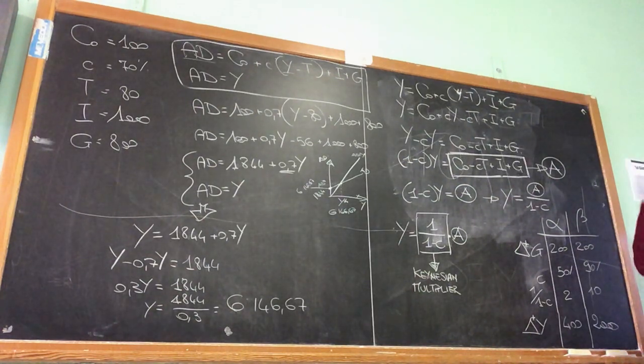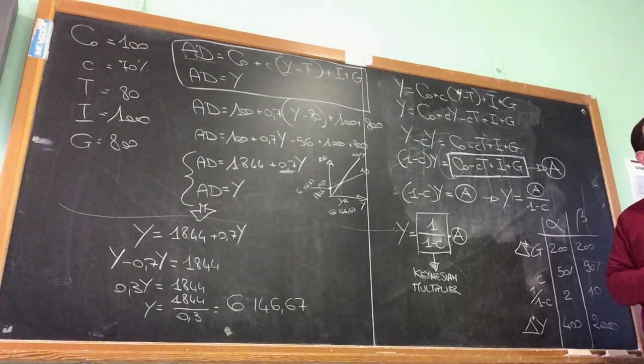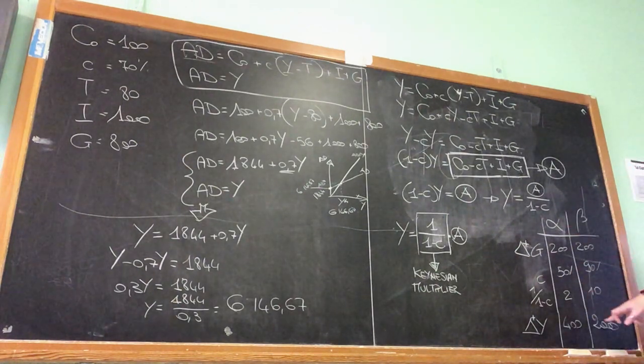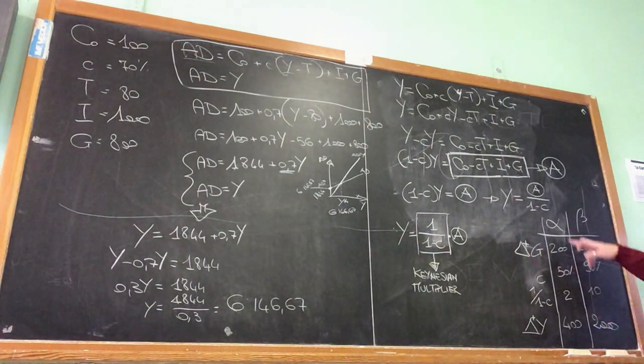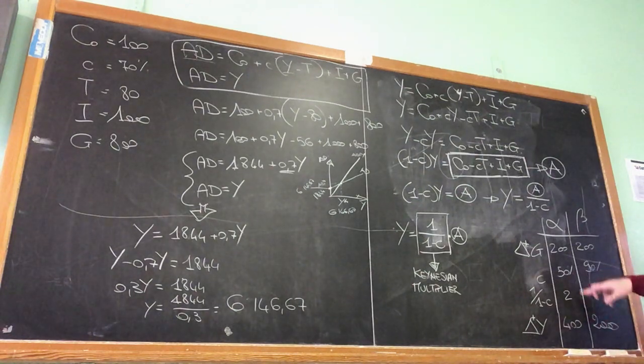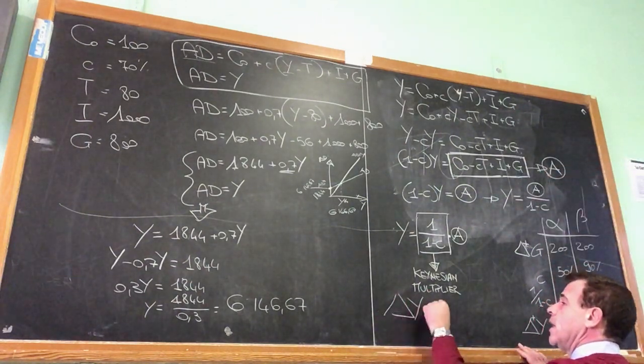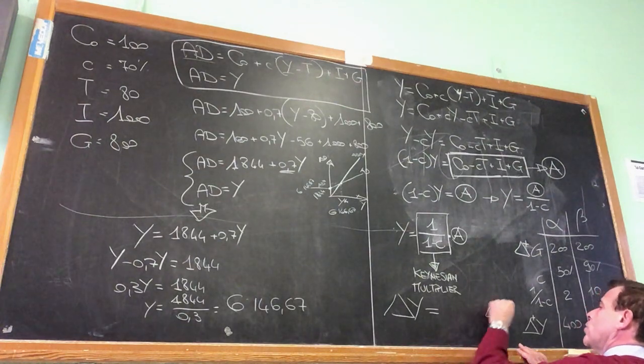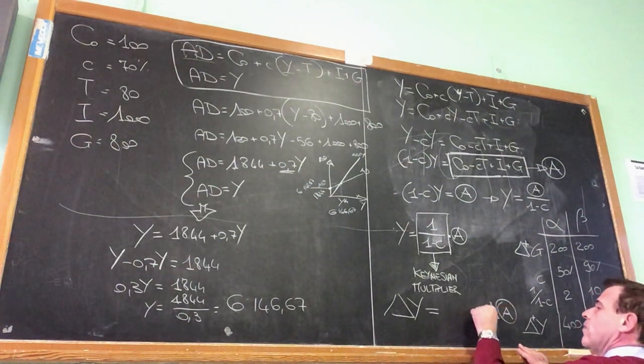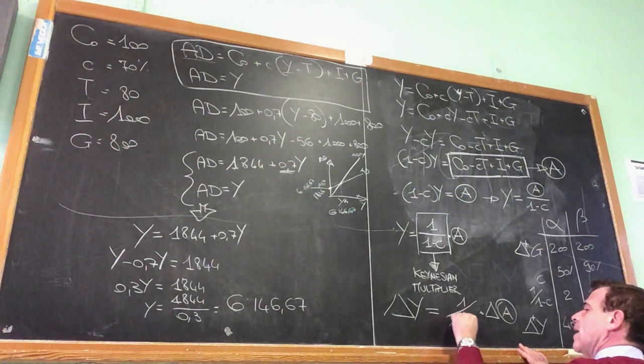There was an increase exactly identical, 200. But the state having the higher propension to consume had an effect much, much bigger than the state that has a lower propension to consume. Because if I want to see the variation in income due to a variation in one of the elements of A, I need to multiply them by the Keynesian multiplier.